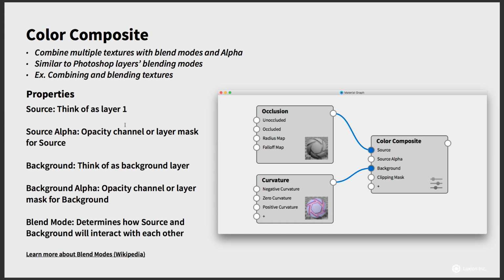Well, we have access to pretty much all of those as well in here within KeyShot using our color composite node. And for those of you who wish to download this presentation after the fact, you can follow this link here that will put you on the Wikipedia page to learn more about blending modes and how they actually work. So again, you apply each of these textures and they behave as if they're on their own layer, and then you can control how they interact with one another.